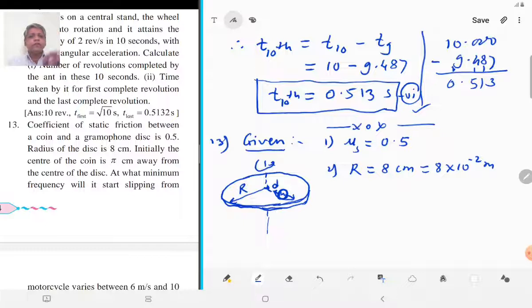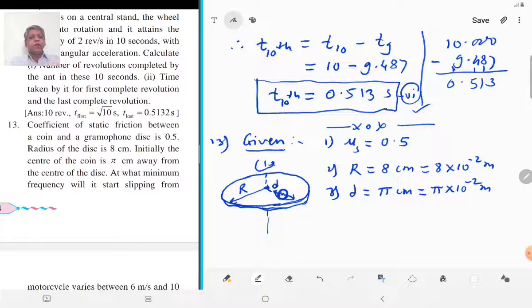Third point is initially the center of the coin is 5 centimeter away from the center of the disc. Here the center of the coin is placed at a distance small d, therefore small d is equal to 5 centimeter, that is equal to 5 into 10 raised to minus 2 meter.